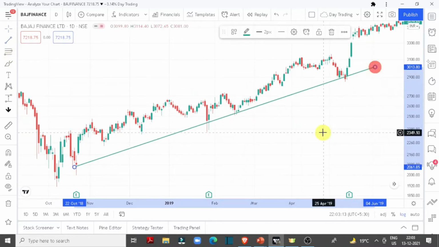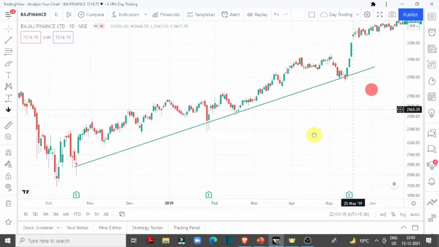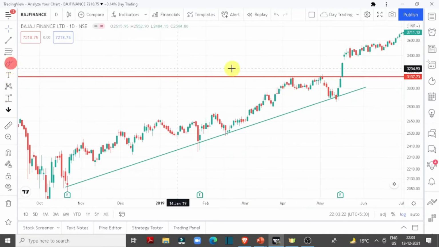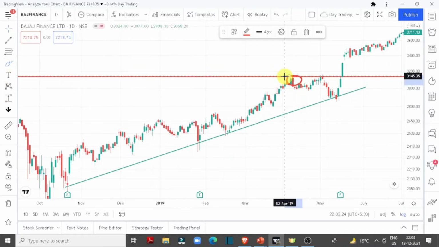The stock was going up and up, but here you will find that a resistance came in. This pattern is known as a double top, where the stock was facing resistance from this point, which is near the 3140 rupees level, and then the stock broke out suddenly one day, and this is where the breakout happened, right?